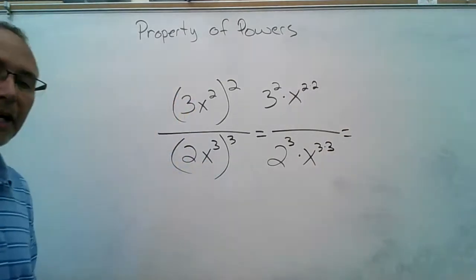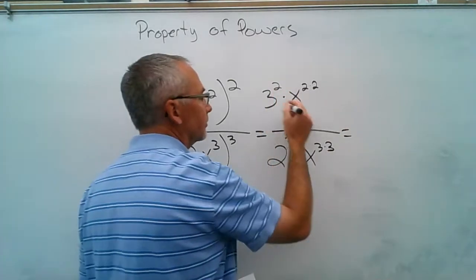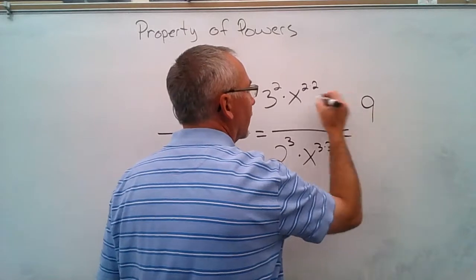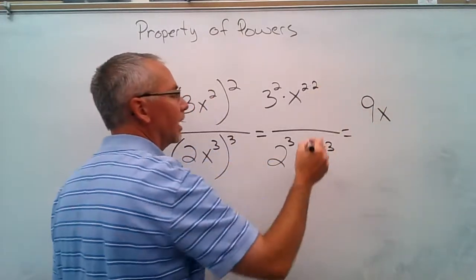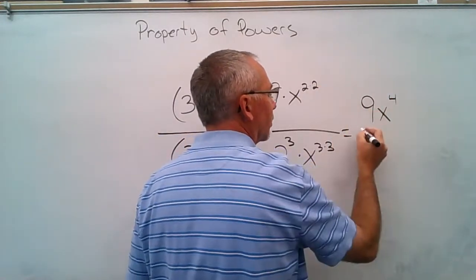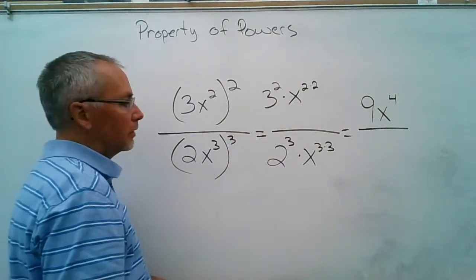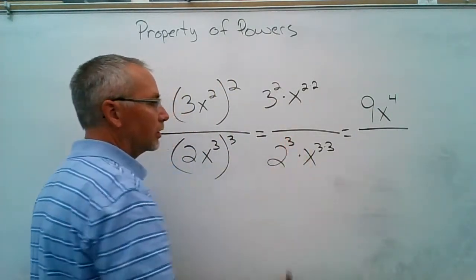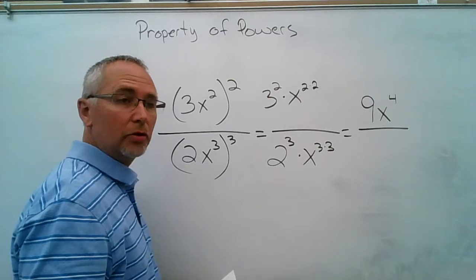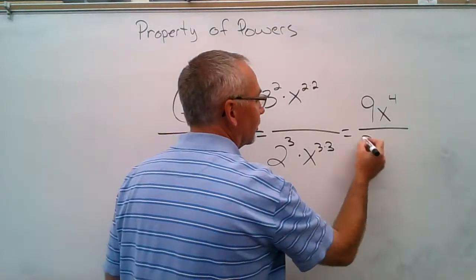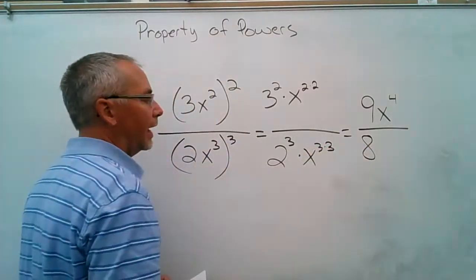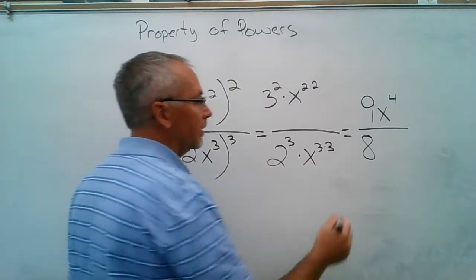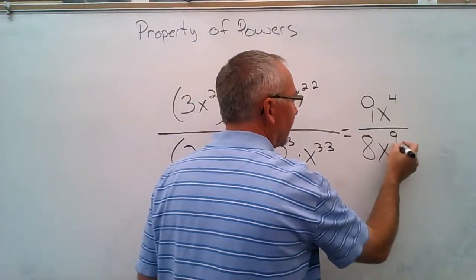Well, 3 to the 2nd power becomes 9, and then the x, 2 times 2 is to the 4th. Down here, 2 to the 3rd power is 2 times 2 times 2, which is 8. So that becomes 8x to the 3 times 3, which is x to the 9th.